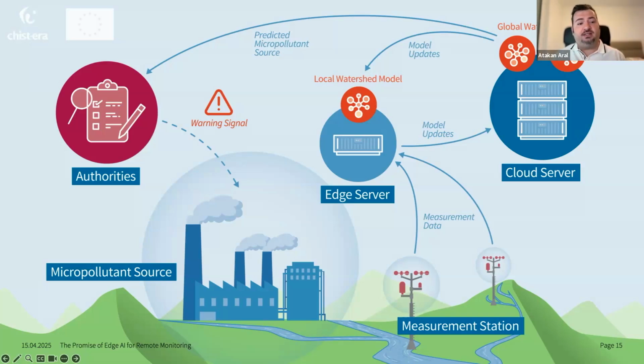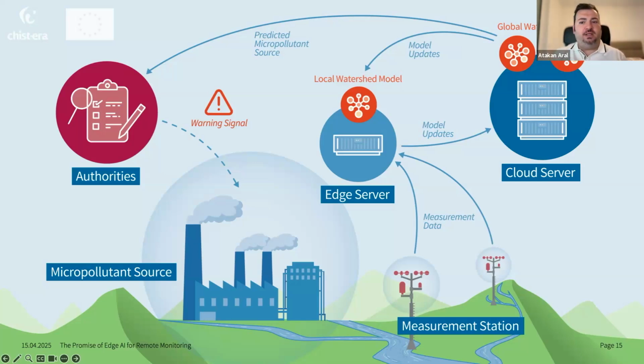In these cases, the pollutants were detected like 5 days later, only after fish or mussels were dead, so the effects were visible. In our system, we aim to prevent this kind of environmental disaster by sending an early warning within minutes.